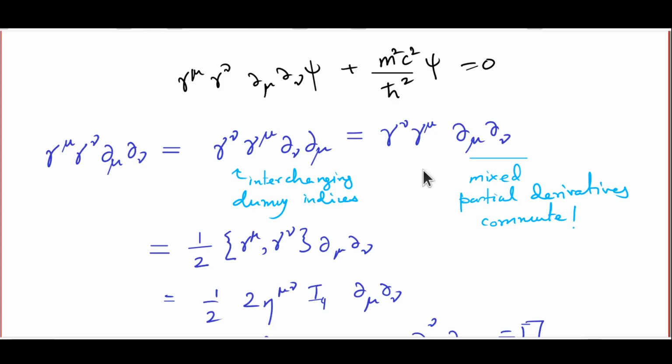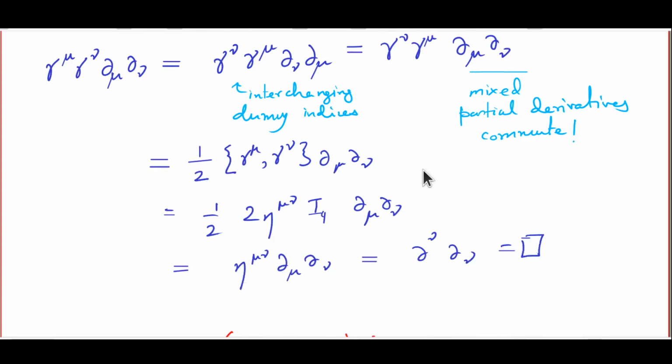The anti-commutator of gamma mu and gamma nu, and this of course is the standard property which the Dirac gamma matrices have, is twice eta mu nu times the 4x4 identity. So putting them all together, you end up with eta mu nu del mu del nu, and that is simply del upper nu del lower nu. Remember, the eta with upper indices raises indices, and this is nothing but our familiar D'Alembert operator.